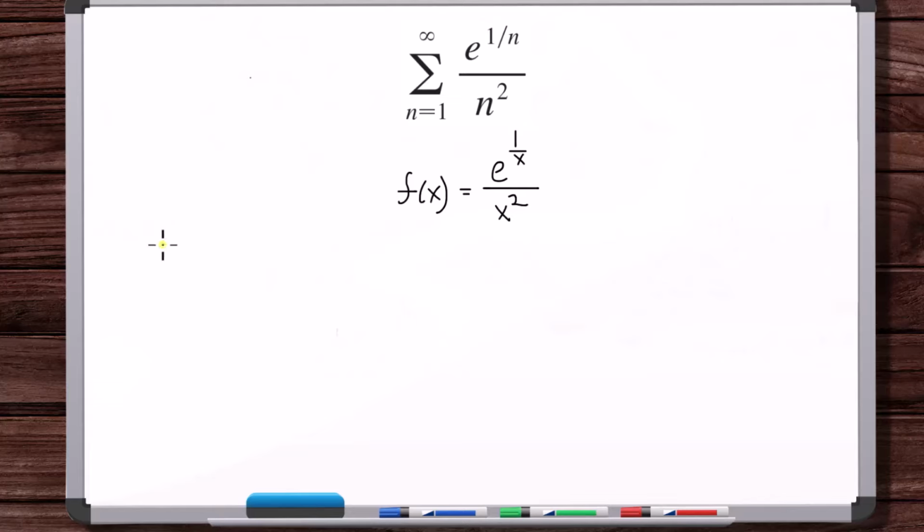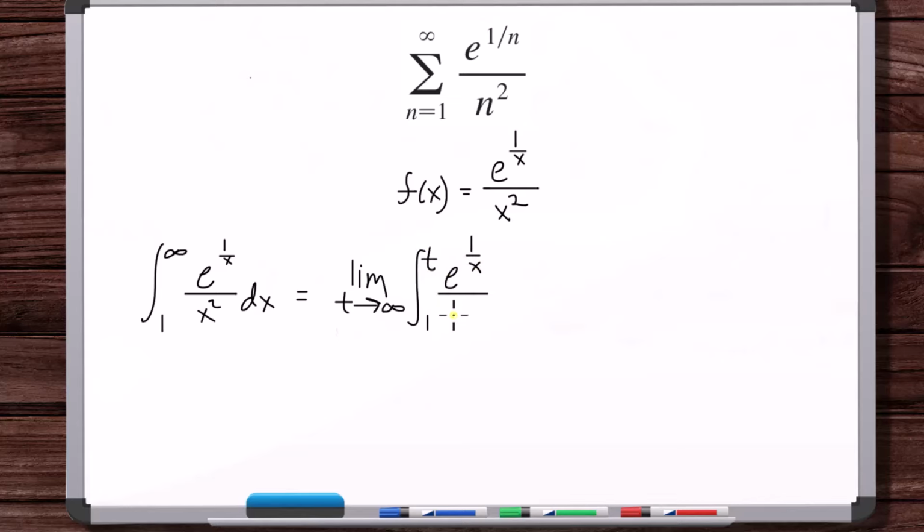All right, so now we go from 1 to infinity, the integral test, e to the 1 over x over x squared. And we could do this integral. This is an easy integral. So the limit as t approaches infinity.